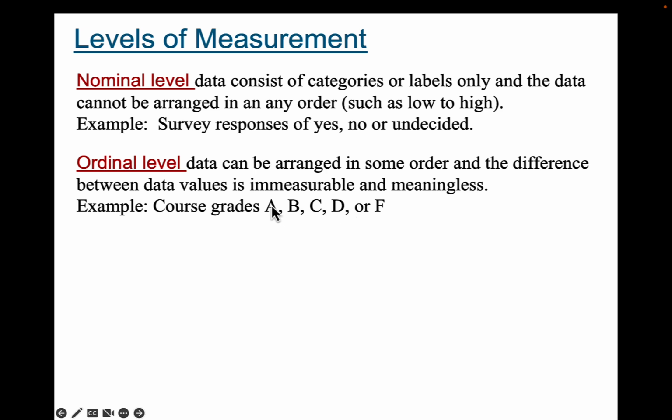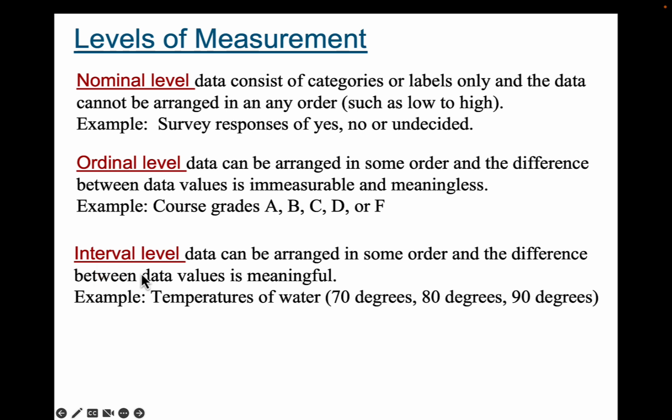But the difference between an A and a B, if that's all I know, if I know one student got an A and one student got a B, I don't know the corresponding percent that those students got in a class, then I can't measure the difference between that student's A and the other student's B at the ordinal level of data. If I figured out the percentages and that's the data I was gathering, then I could measure the differences, and that would take my data to what's called interval level.